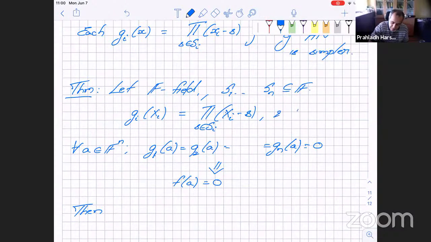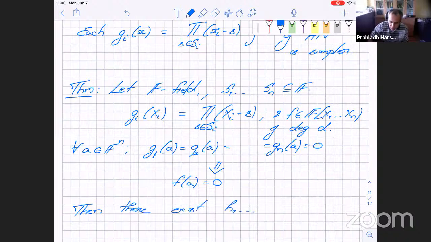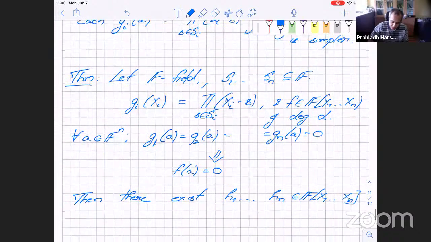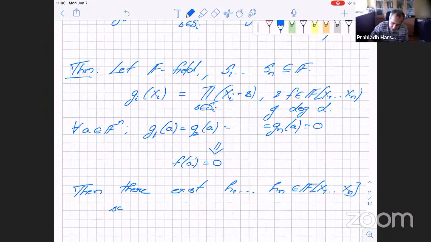Then I want to say, so f is some polynomial in x1 to xn of degree d. Then there exist h1, h2, hn in F[x] such that two things are true.